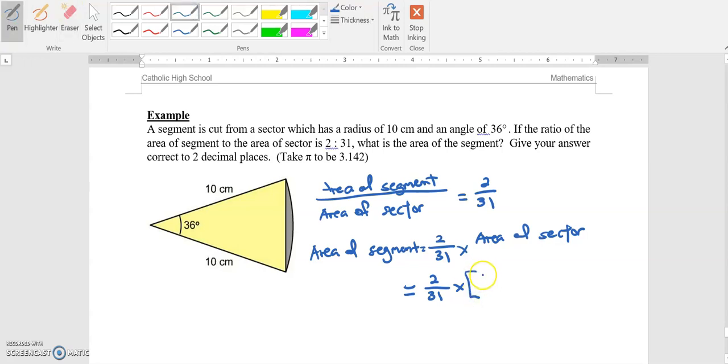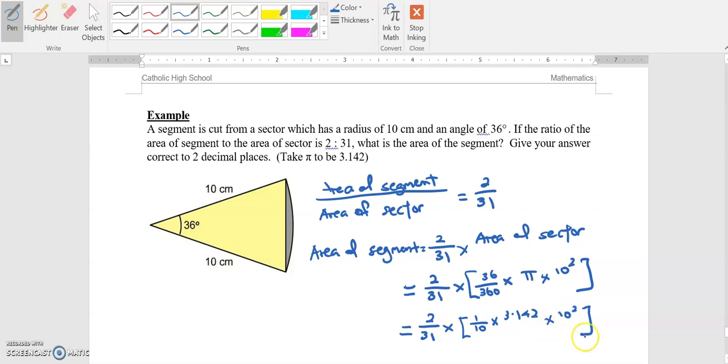Area of sector will be 36 out of 360 degrees multiplied by pi r squared, and r in this case is 10. In fact, the question tells you what pi to use. So it's 1 over 10 times 3.142. The question asks you to use 3.142 only, so stick to the question's pi.